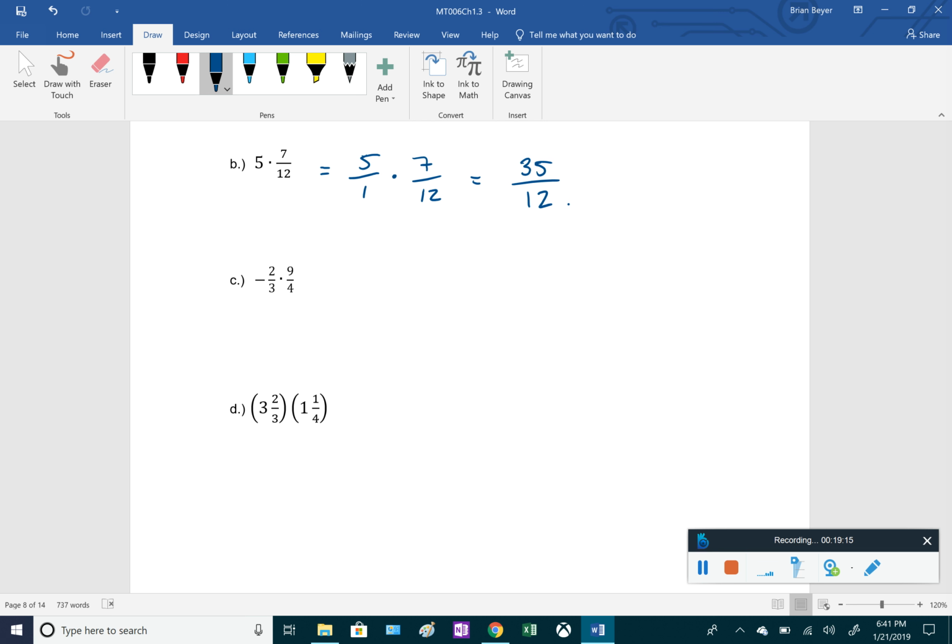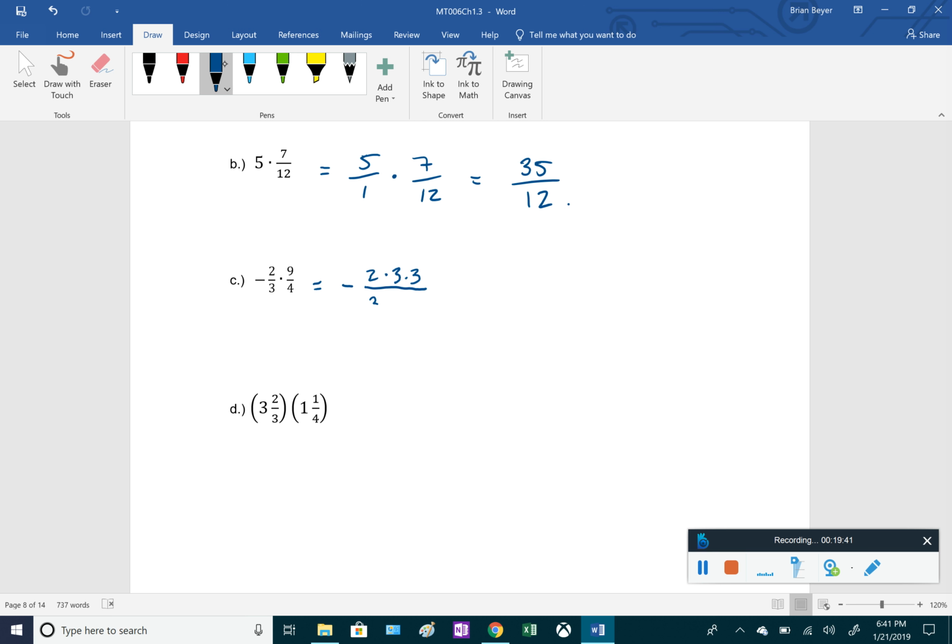Next one, we have negative 2/3 times 9/4. For this one, it's negative times a positive, so we know our answer is going to be negative. What I'm going to do here is rewrite the 9 as 3 times 3. So instead of 2 times 9 in the numerator, it's 2 times 3 times 3.